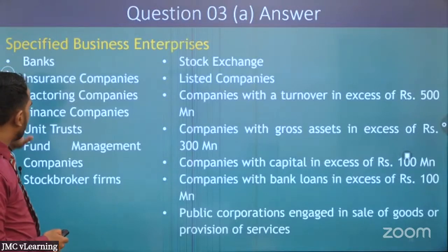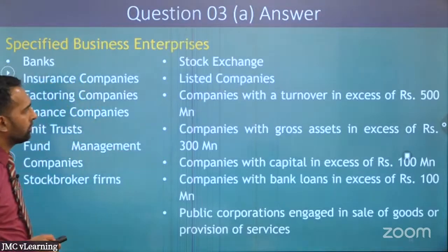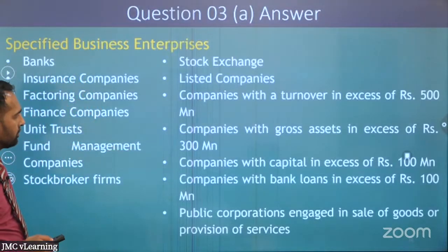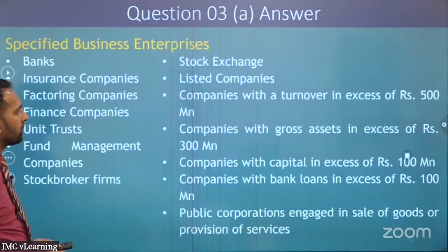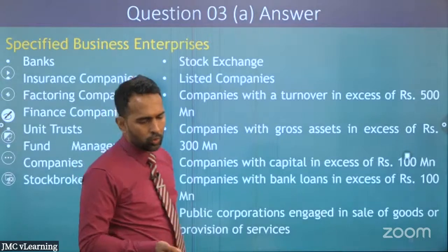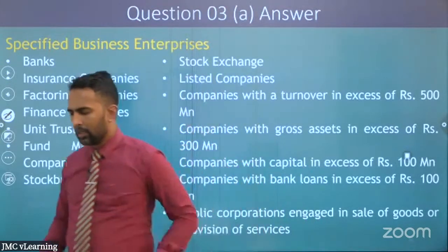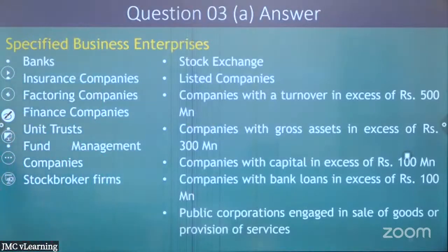Like I told you, unit trust, fund management companies, companies with turnover in excess of 500 million, companies with gross assets exceeding 300 million. You have to just remember at least 2 or 3, right? This can be tested. I'm expecting SBEs to be tested.